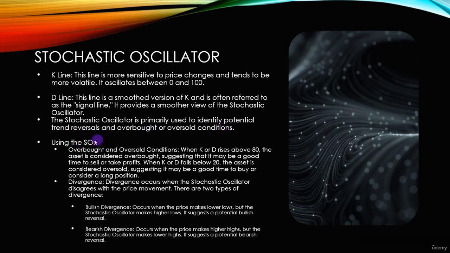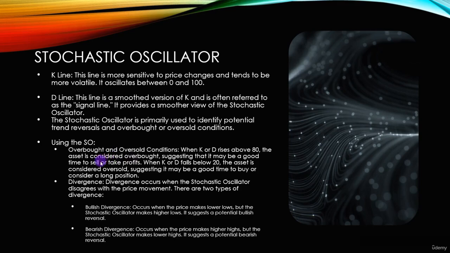So using the SO, or the stochastic oscillator, overbought and oversold conditions is the first case. When K or D rise above the value of 80, just like what we have mentioned for the RSI, the asset is considered overbought. And this suggests that it may be a good time to sell or take profits. I would vote for the second option, take profits.